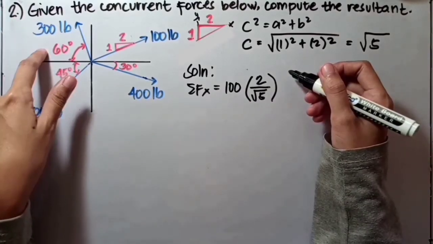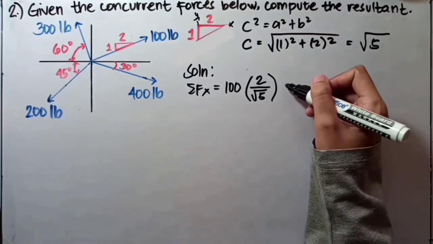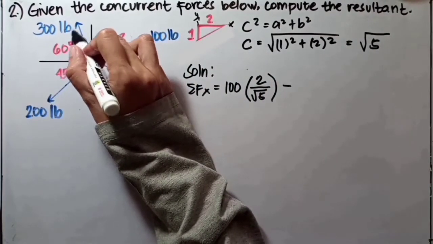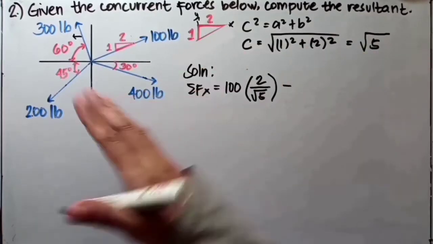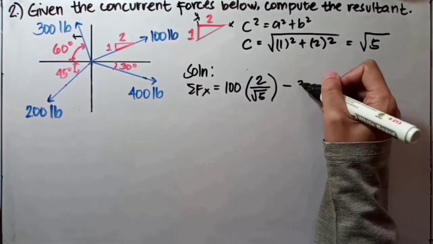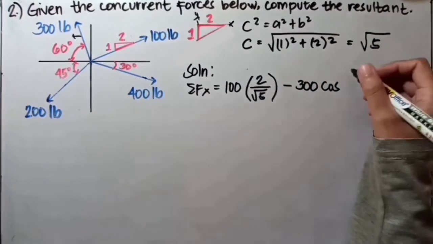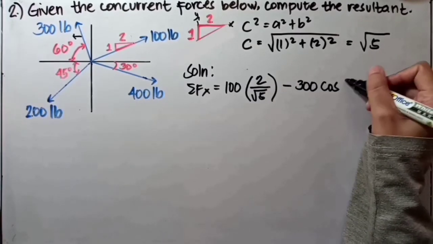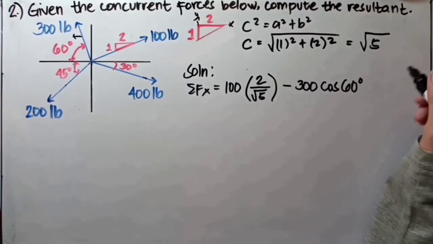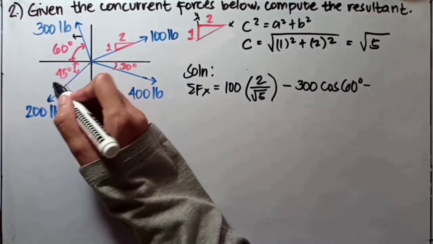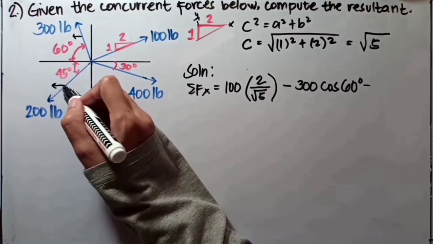The next is the 300. 300 is negative. Bakit? Kasi ang x component nito ay papunta doon. So, going to the left is negative. So, 300 cosine, since angle to, cosine ang gagamitin natin. And then, nakalaysa sa x-axis. So, cosine 60. Minus naman for 200 kasi going to the left pa rin naman ang x component nito.